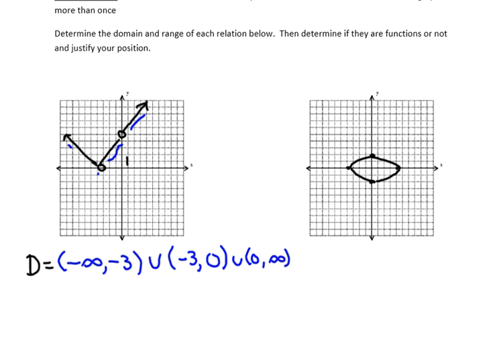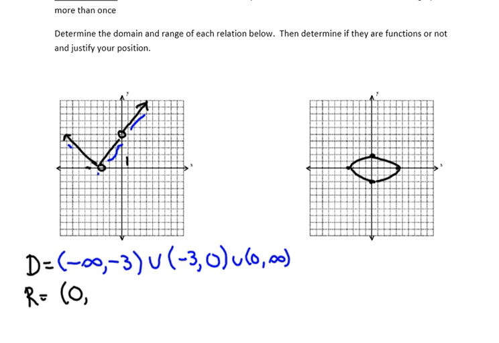Okay, the range then, that is the output or the y coordinates. Now, how low does it go? Well, it's at this point here, and that is 0. But again, because it is an open circle, that is going to be a parenthesis, not a bracket. So I'm going to put here parentheses 0, comma.